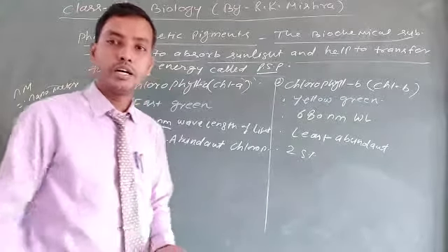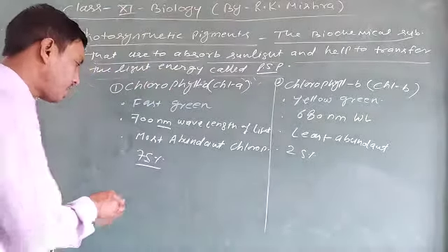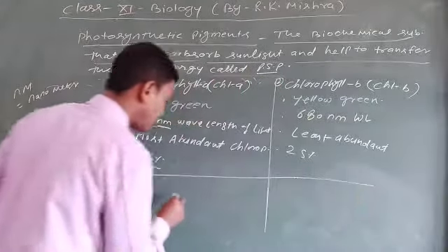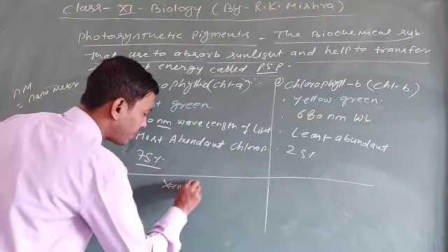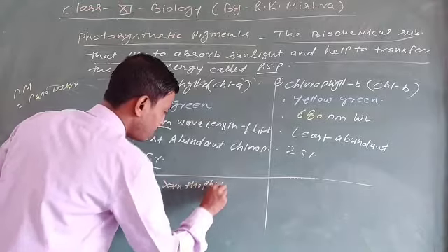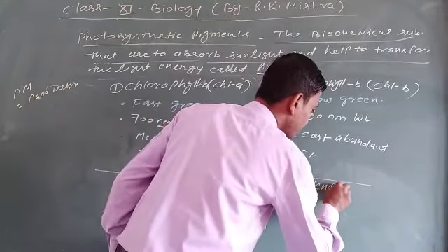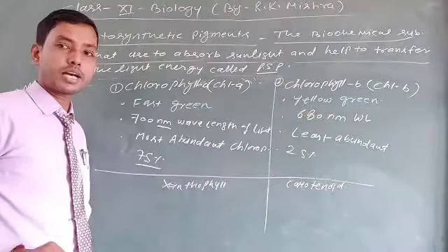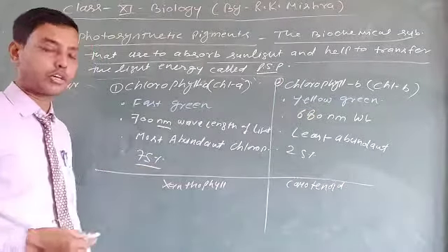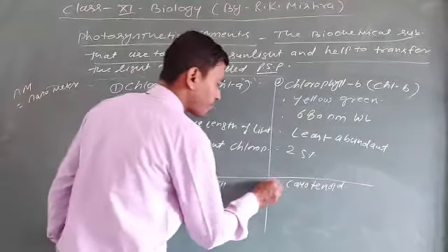Now back to the two accessory pigments, xanthophyll and carotenoid. Point 1 and point 2.